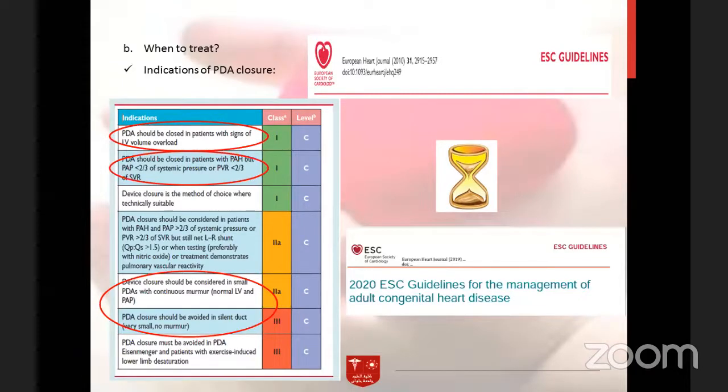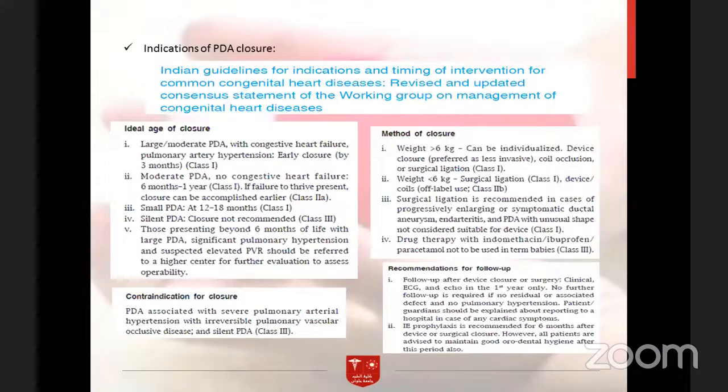The Indian guidelines were published 1 year ago, and I do recommend reading them because they addressed a lot of controversial issues regarding the ideal age of closure and the method of closure.